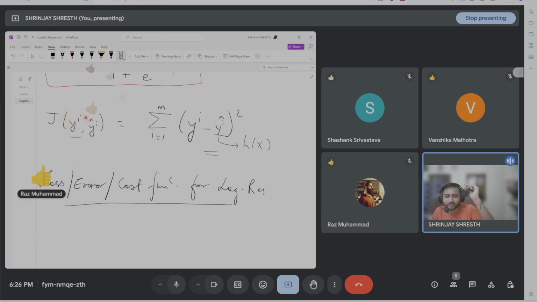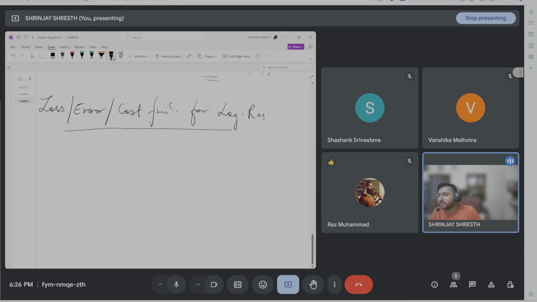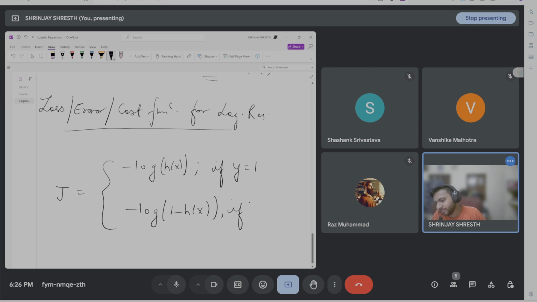So your loss function J would be minus log of your y hat, or let me replace it with the hypothesis function, minus log of h(x) if y is 1, and minus log of 1 minus h(x) if y is 0. This is the loss function.